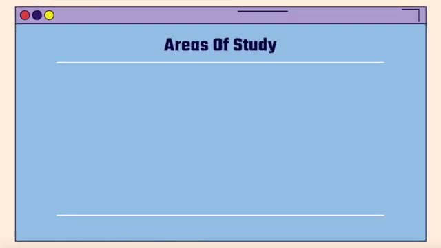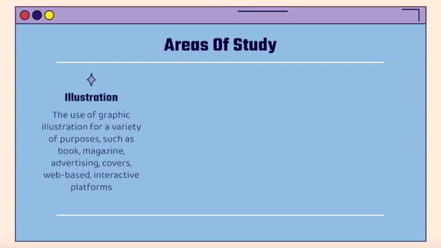So the general areas of study, even though we focus on those themes, within those themes we look at these things. We look at illustration, so the use of graphic illustration for a variety of purposes, such as book and magazine covers, advertising, things like web design or apps.